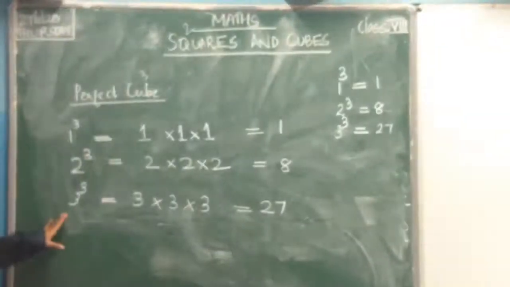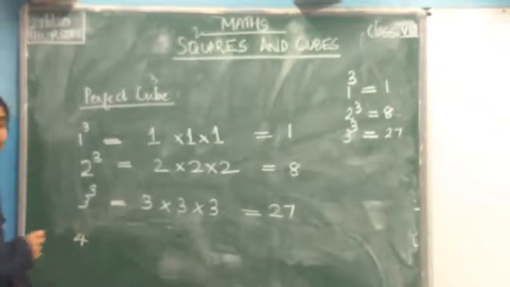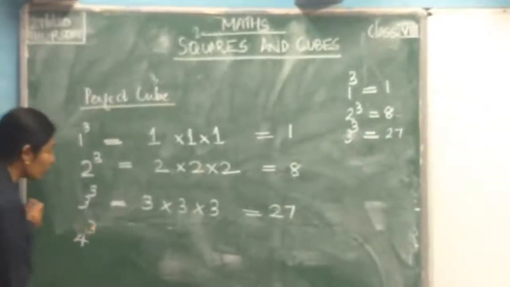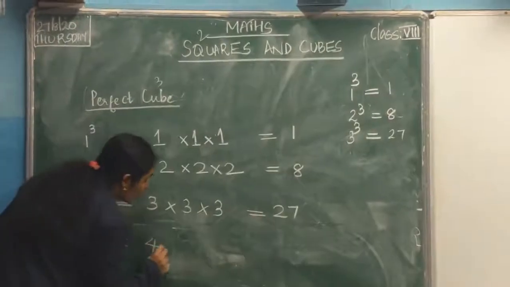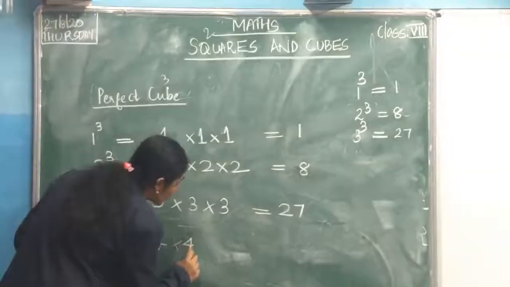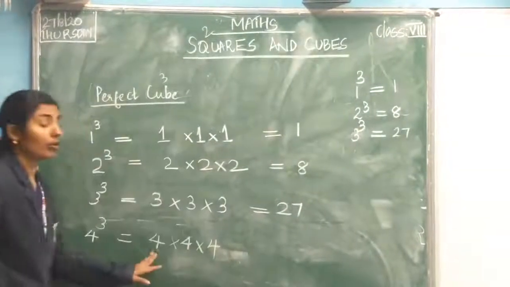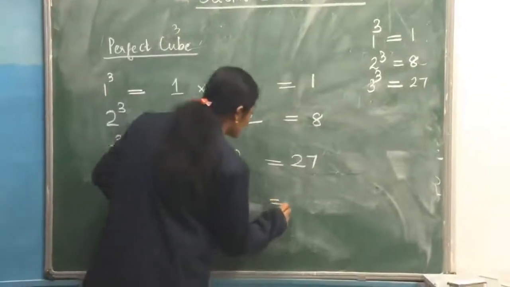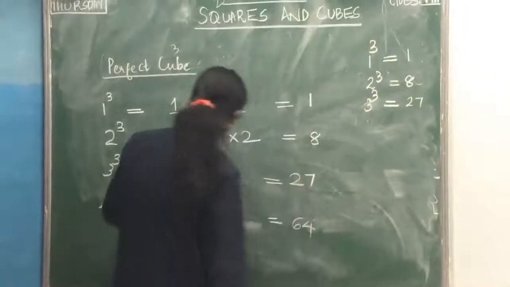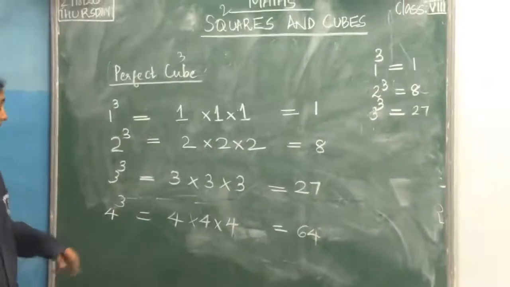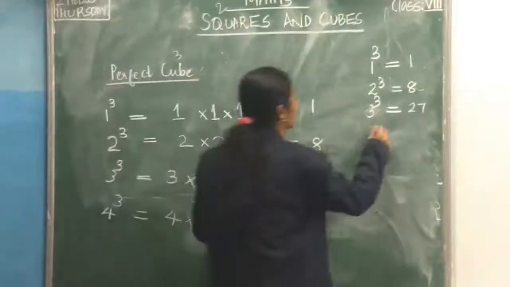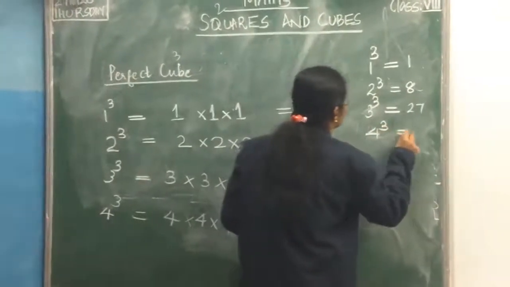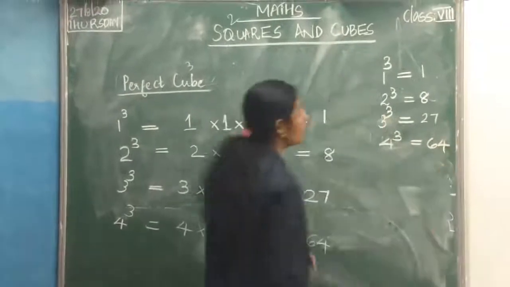Next number is 4. Take the cube of that. 4 cube is 4 into 4 into 4. 4 fours are 16, 16 fours are 64. So 4 cube is 64.